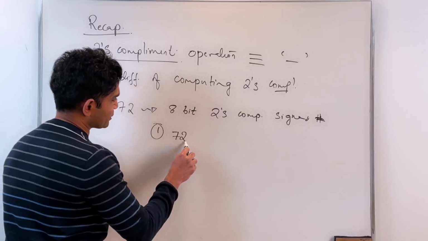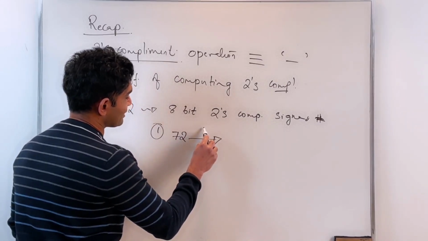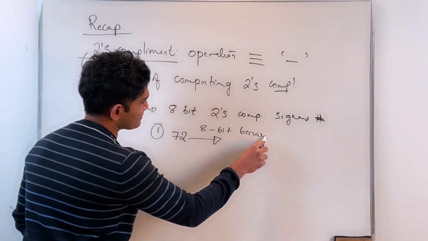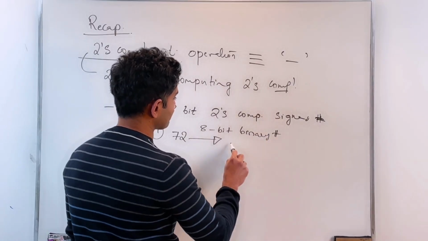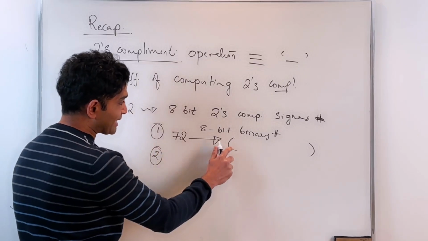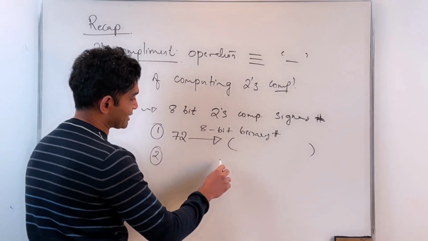I would express 72 as an 8-bit binary number. Whatever that number is, I get that. And then I want to make this negative, right? That's positive, and I want to make it negative. How do I do this?